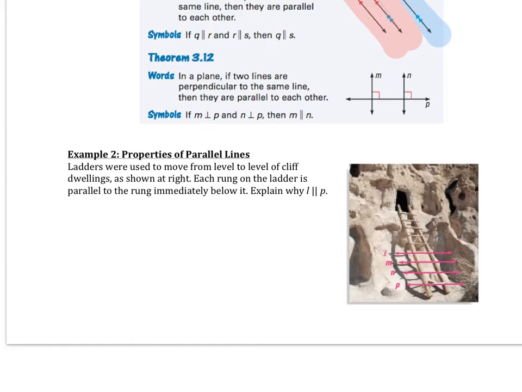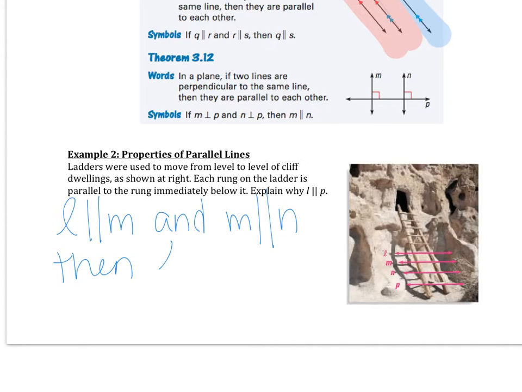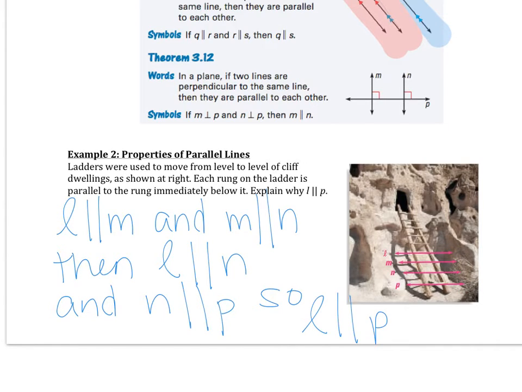Okay, so first off, I know that L is parallel to M, and M is parallel to N. So since I have two lines parallel to the same line, I know that L is parallel to N. And we have N parallel to P, so L is parallel to P for the same reason.